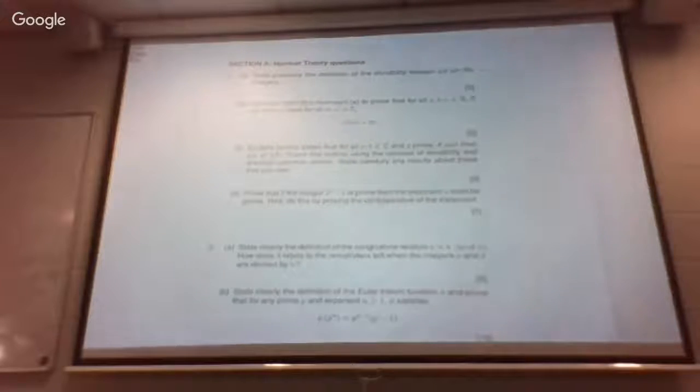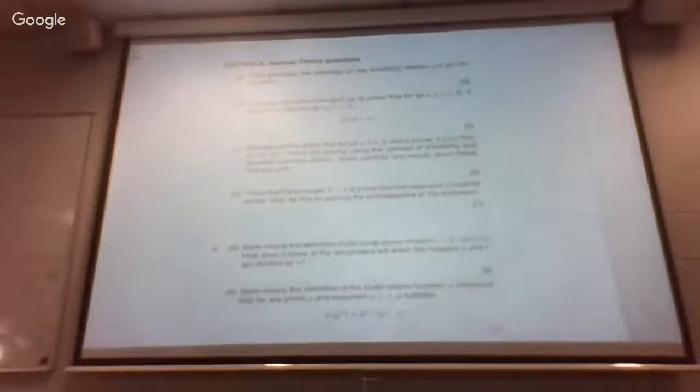Okay. So I hope you're all familiar with the structure of the exam. The structure of the exam you're going to face is the same, in that there are 2 sections, section A and B. There's 8 questions in total. There's a number theory section, section A, and a cryptography section, section B. Every question's worth 20 marks.